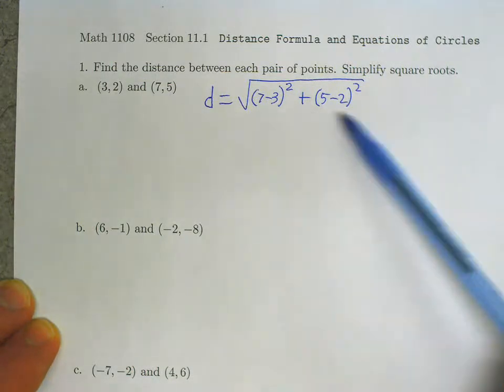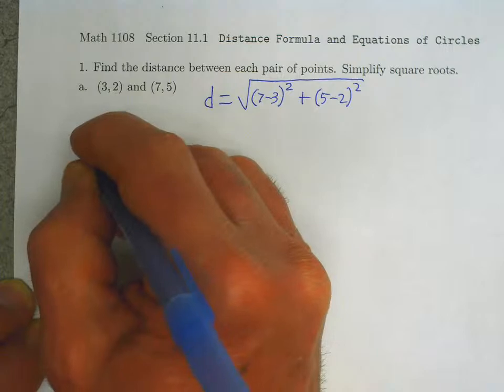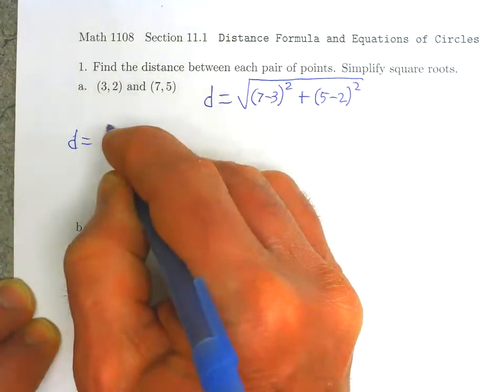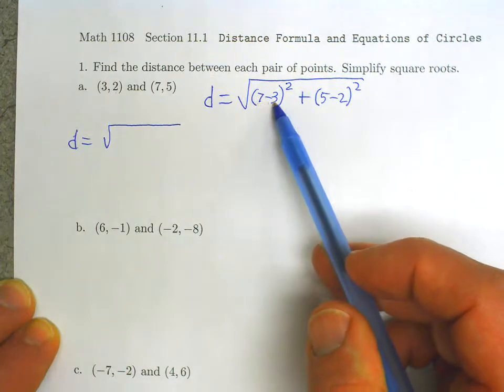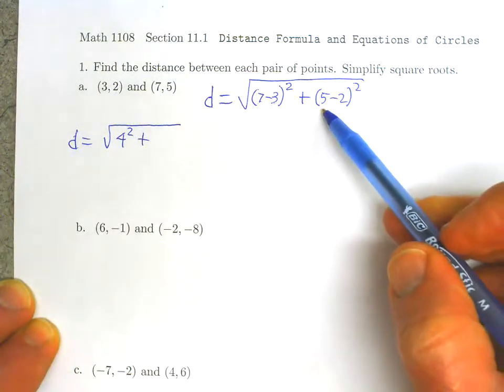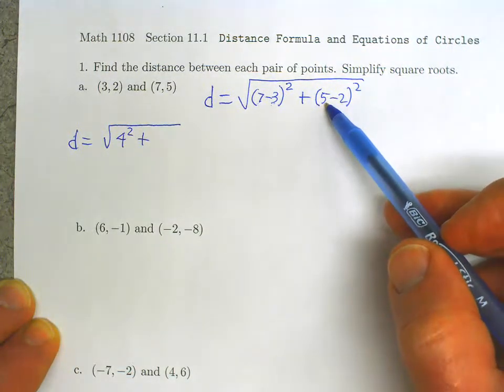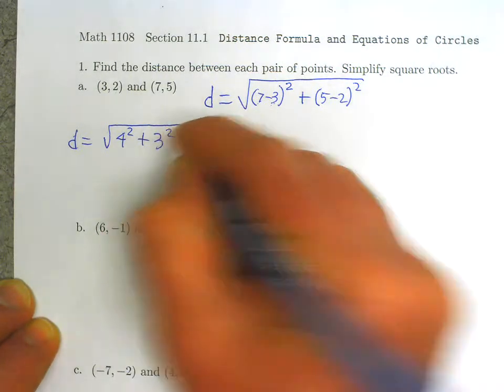Okay, then we just carefully do the arithmetic. So inside the square root, 7 minus 3 is 4, so we get 4 squared. And then we have plus 5 minus 2 squared. 5 minus 2 is 3, so we have 3 squared.